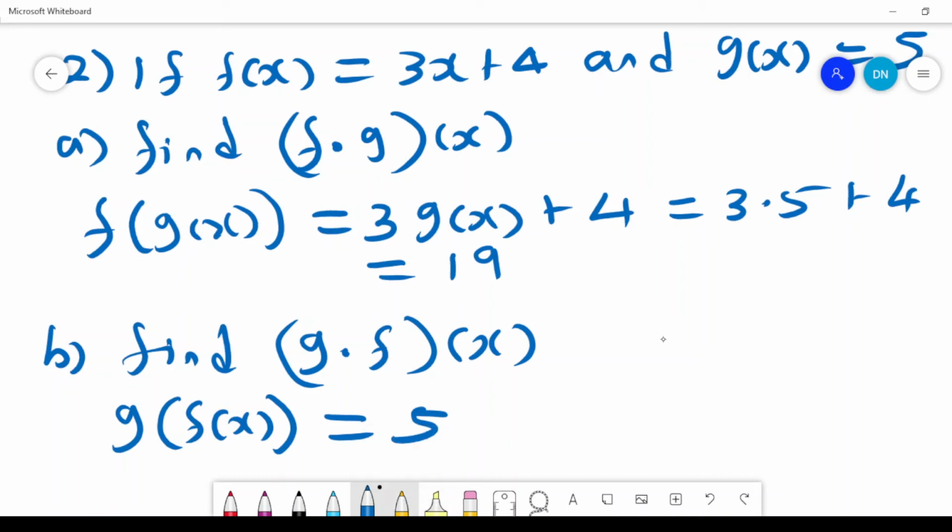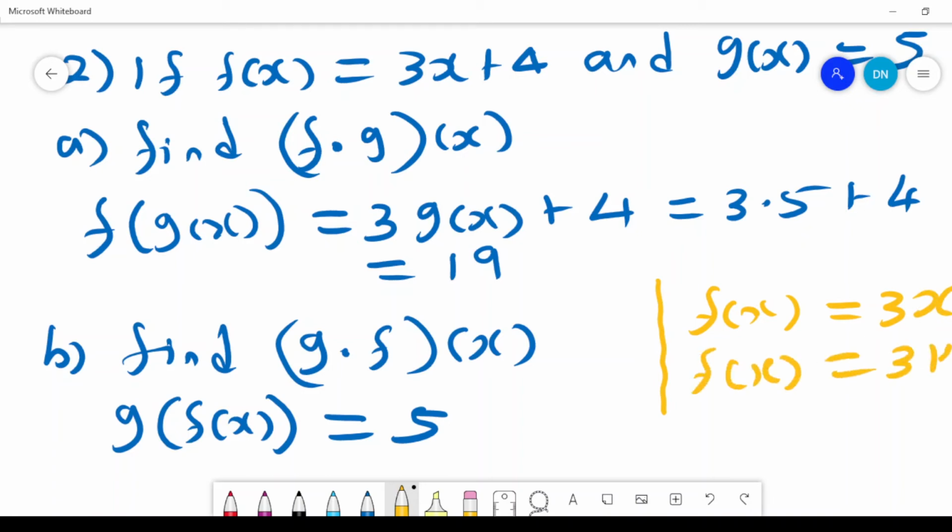I know sometimes this is confusing, but if I said f of x is equal to 3x, then f of k will be equal to 3k. F of 5 will be 3 times 5, which is 15. So that is where there is an x.